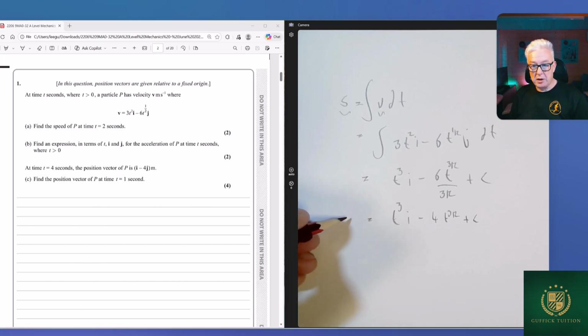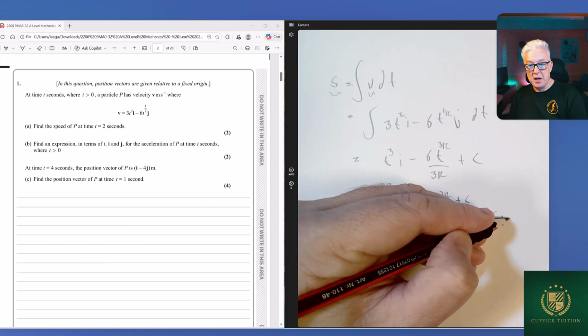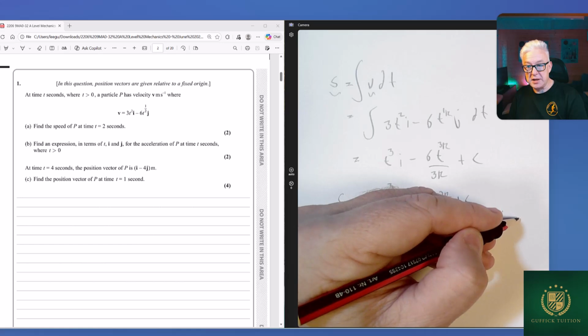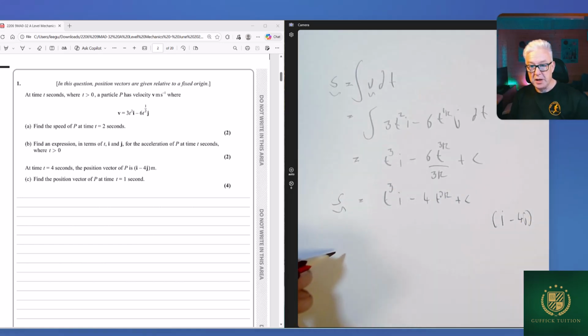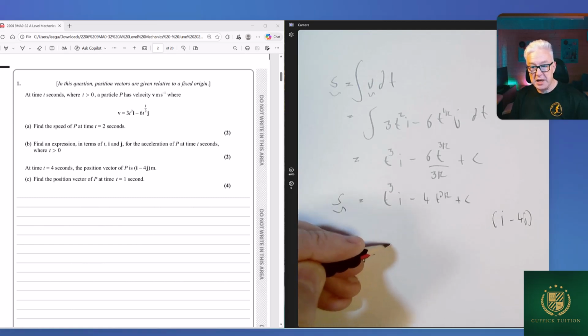So we've now got our general expression, but we need to know a particular equation. So this is the point where we're going to put in the boundary condition, the piece of information they gave us, crucially, that at time t equals 4, the position vector is i minus 4j. So let's sub in i minus 4j at time t equals 4.